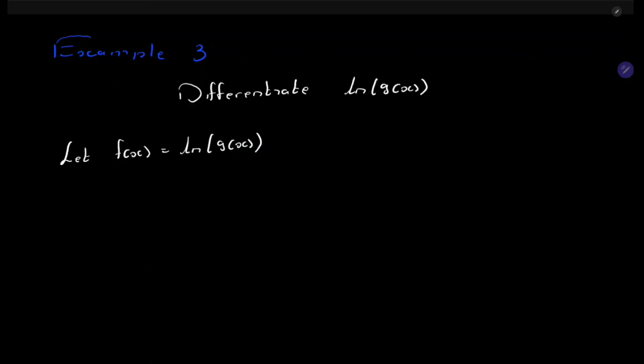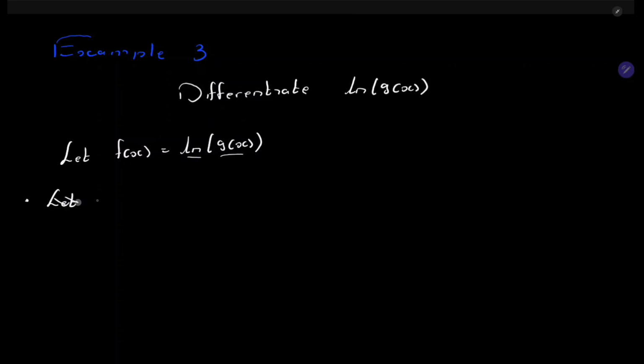So this is the same thing as a function of a function. And what does that tell us? That tells us that to differentiate this, we need to apply the chain rule. And applying the chain rule, first of all, asks us to identify our outer and inner function. So first of all, what's our outer function? Let our outer function in this case be ln of x, and our inner function in this case be g of x.